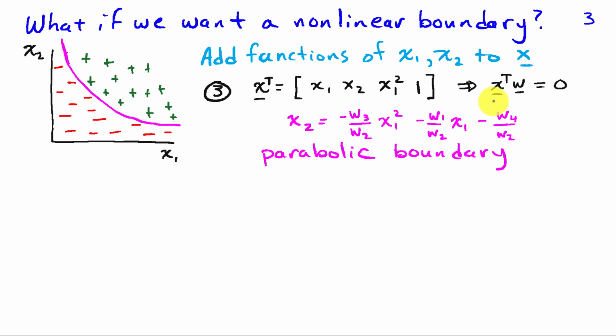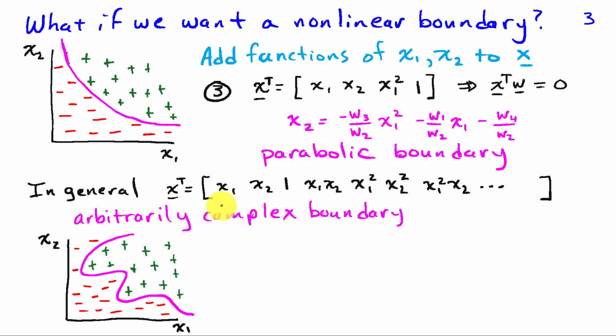If I look at my decision boundary where x transpose w is equal to 0, in this case I can solve for x2 and I end up with x2 being a quadratic function of x1, and thus I've managed to reach a parabolic boundary. And the exact shape of that boundary is going to depend on how I choose my w's.